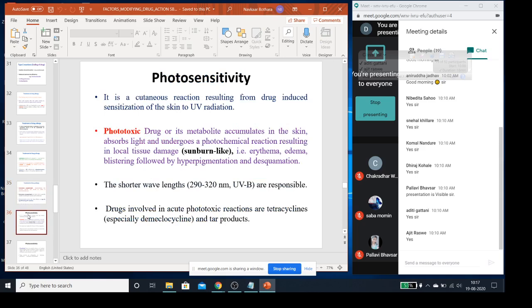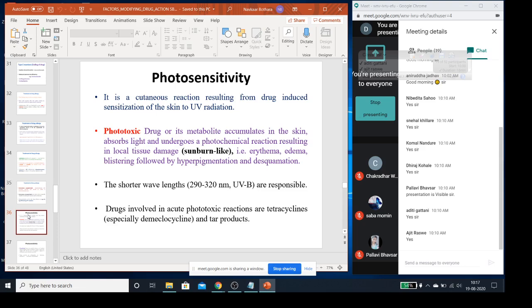Now the next type of adverse effect is called photosensitivity. It is a cutaneous reaction resulting from drug-induced sensitization of the skin to UV radiation. The phototoxic drug or its metabolite accumulates in the skin, absorbs light and undergoes a photochemical reaction, resulting in tissue damage, a sunburn-like situation.